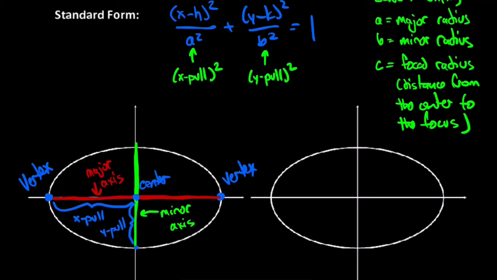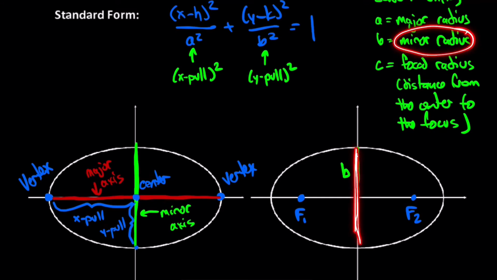So now we also have to talk about the foci. In the diagram on the right, let's label the two foci. We'll call that F1, focus 1, and F2, focus 2. So borrowing from our diagram on the left, this distance here, I'm going to call B. That's the minor radius.